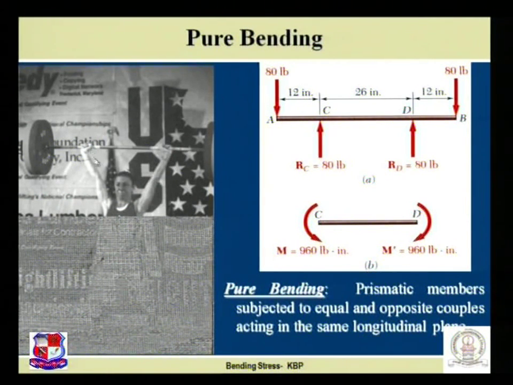So the central region is under pure bending. Please visualize carefully with this example. Pure bending means prismatic members subjected to equal and opposite couples acting in the same longitudinal plane.